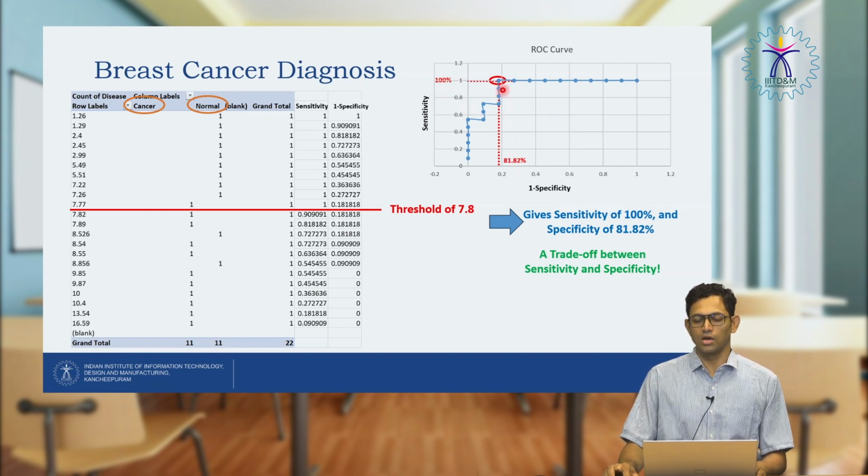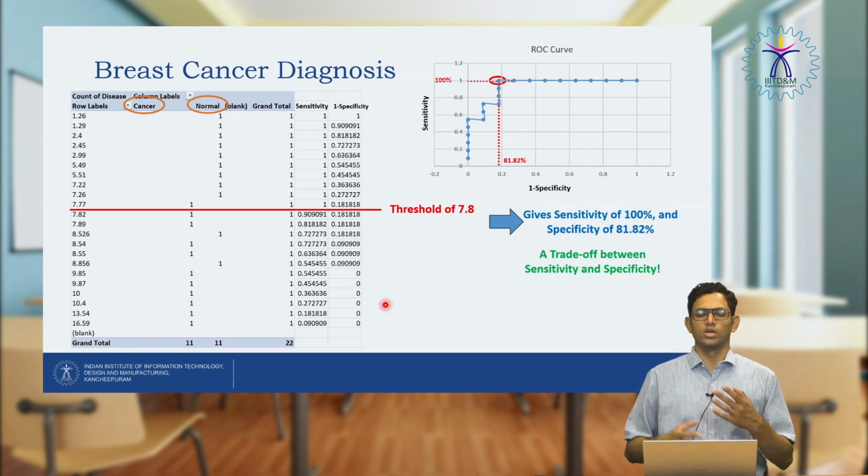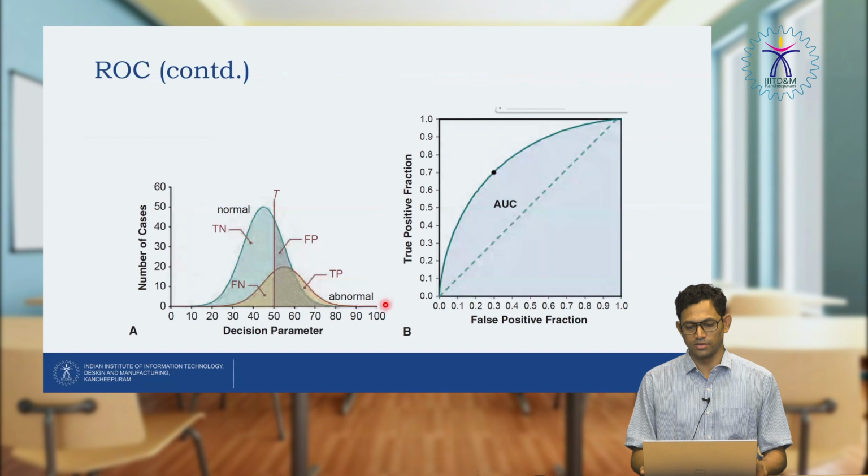If I choose a point lower than this, my specificity stays constant at 81.82%, but my sensitivity decreases to around 90.91%. So from this ROC curve, of course I will choose this point itself. Based on the ROC, you can choose the best sensitivity and specificity.